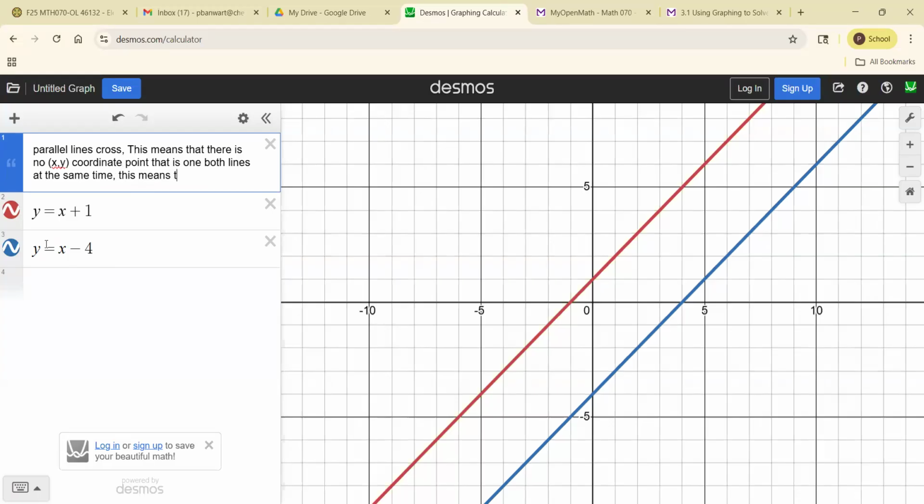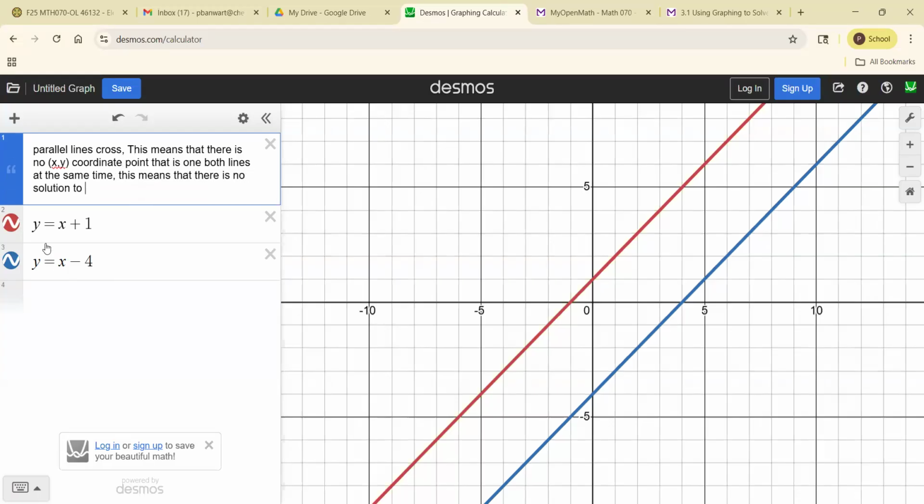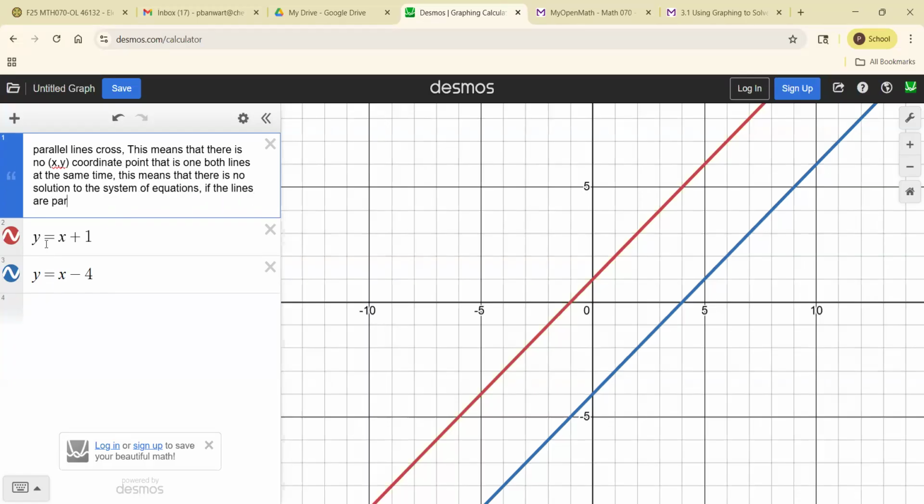And this means that there is no solution to the system of equations if the lines are parallel. And that's how we determine if a system of equations doesn't have solutions. And remember, we talked about this way back when we were talking about contradictions and identities and that other one, conditional equations.